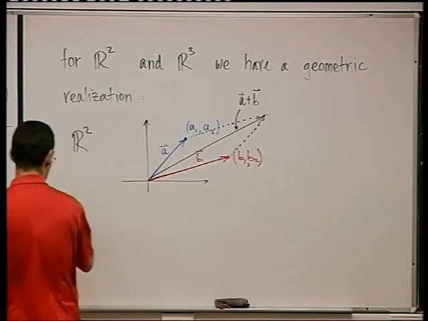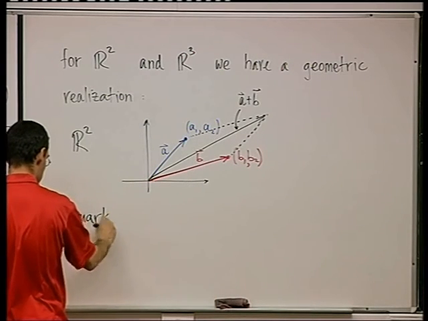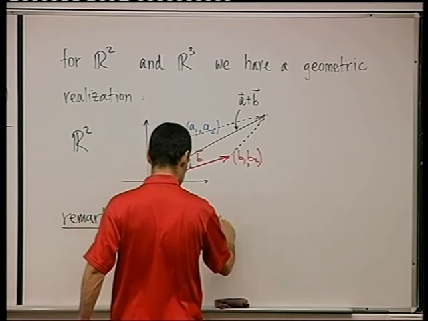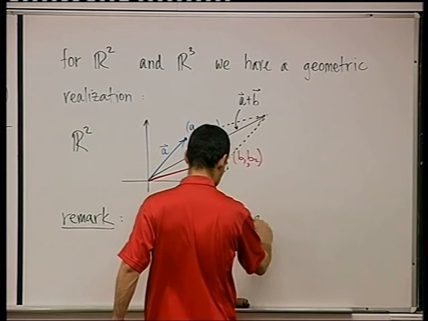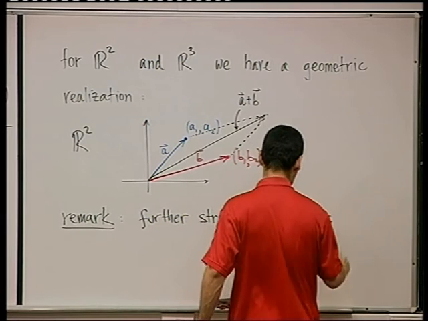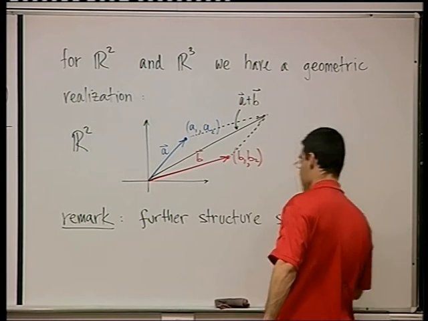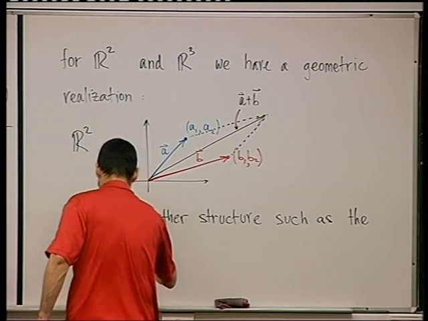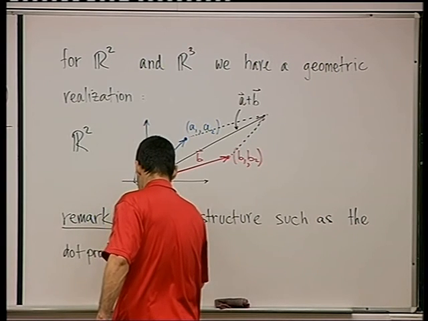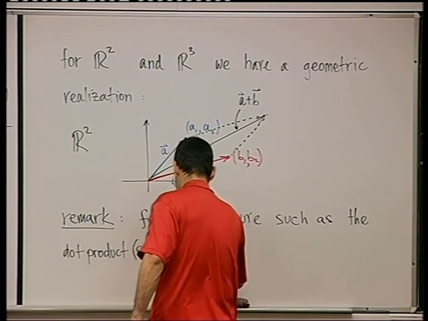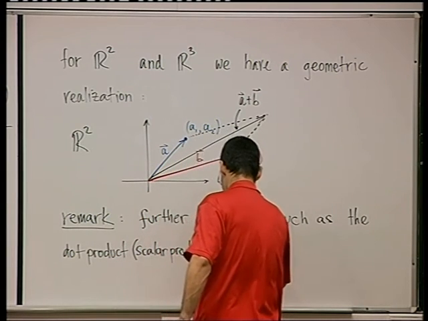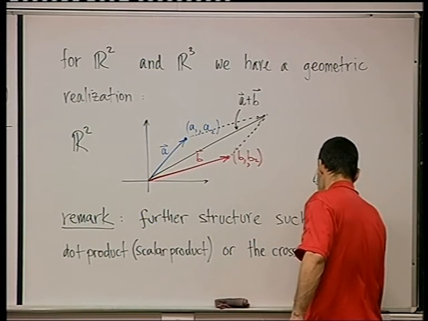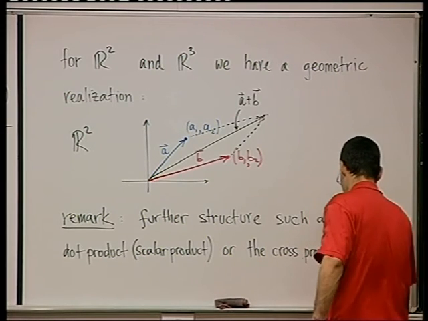So I'll remark that further structure, such as the dot product, also called scalar product, or the cross product, also called the vector product.